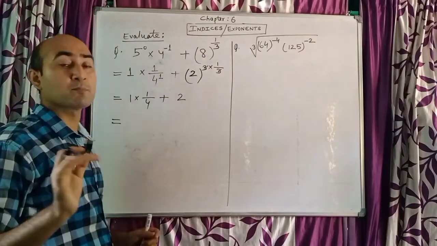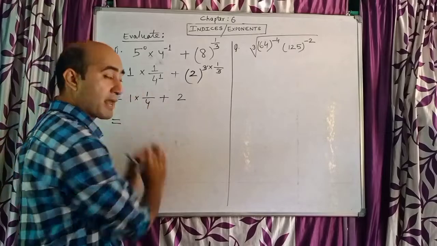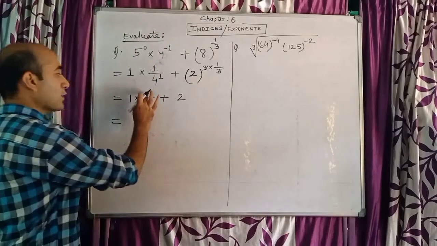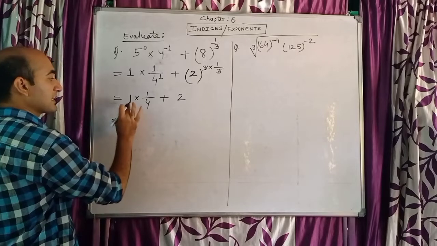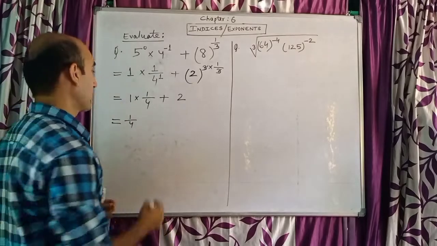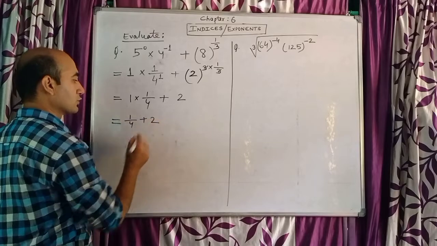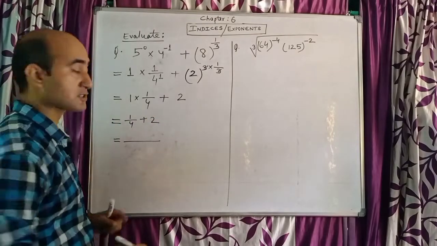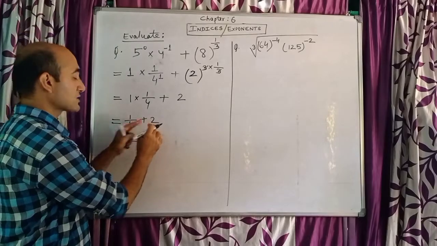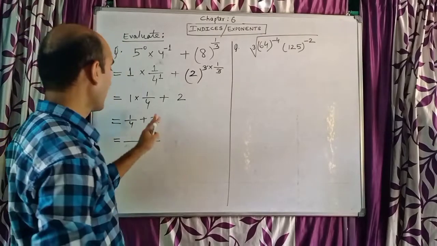Now according to the BODMAS rule, first you multiply, then you add. Multiplying 1 by 4 with 1, the result will be 1 by 4. Anything multiplied with 1 is the same number, plus 2. Now you have to do LCM for addition, because one is a fractional number and one is a normal number.